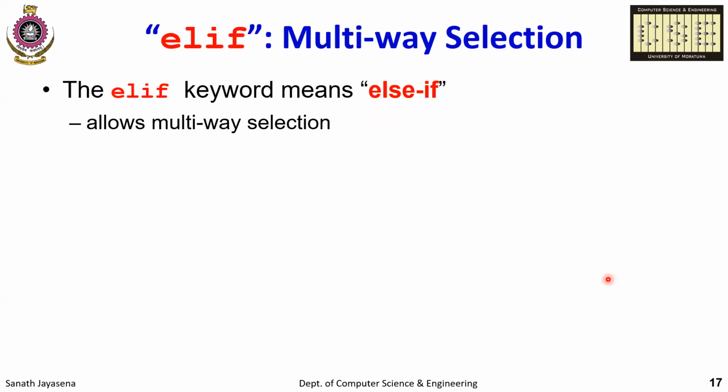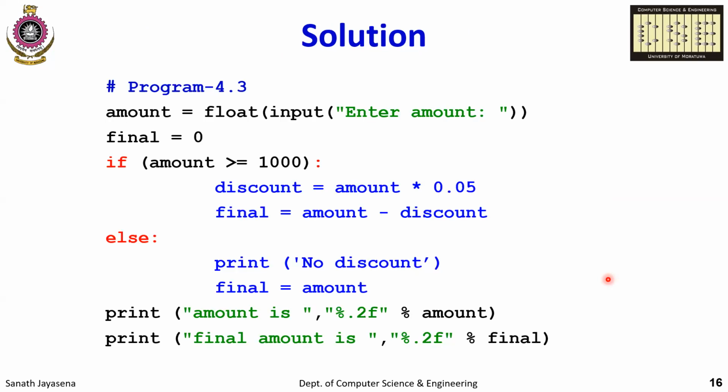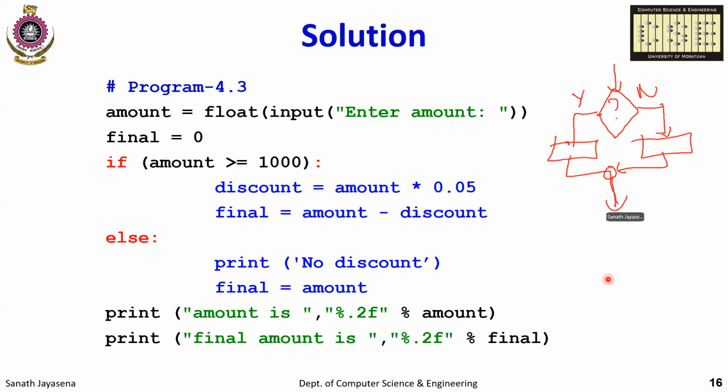Now this one shows the if else thing. We said that the normal selection is okay. You ask the question, and if yes, we do this, and if no, we do this, and then proceed. But let's suppose you need to select not between just two things.